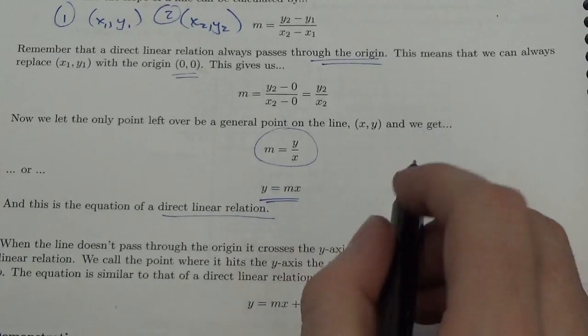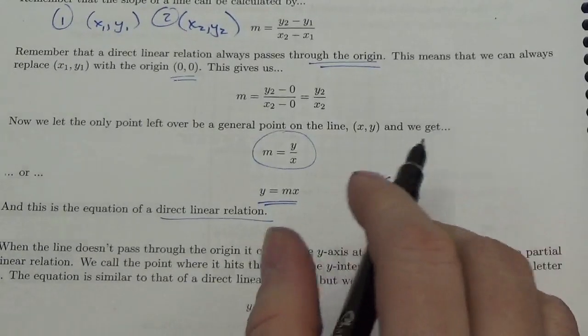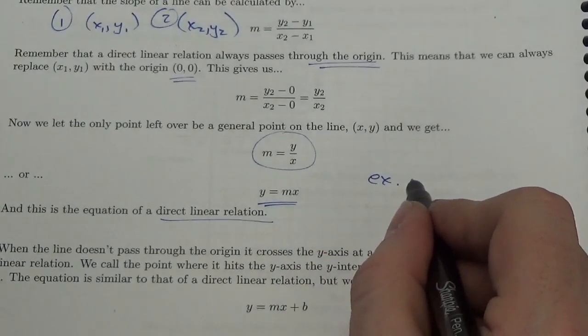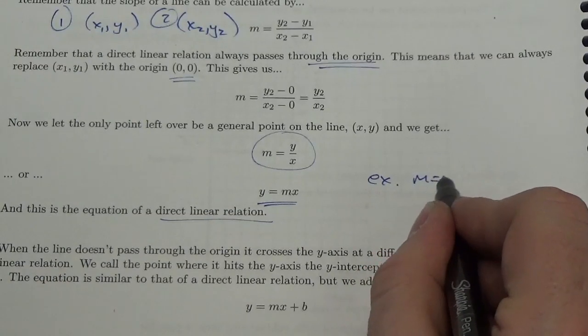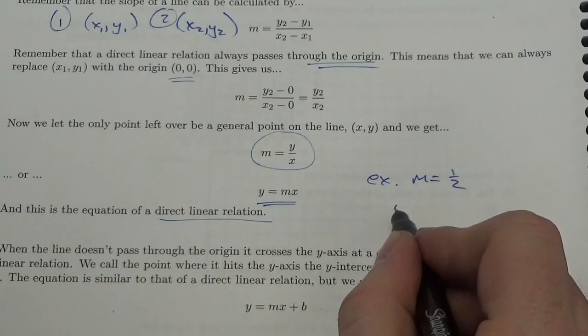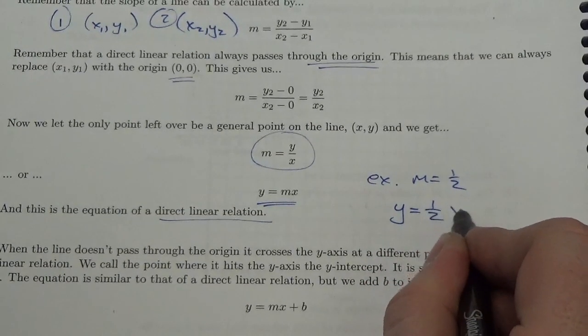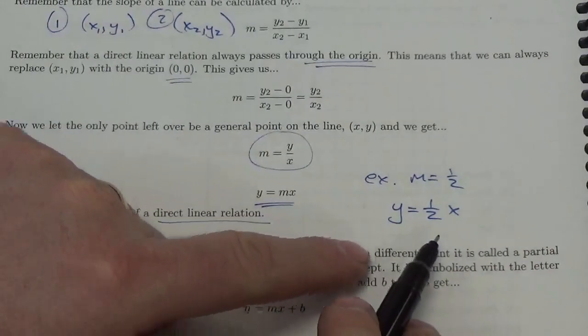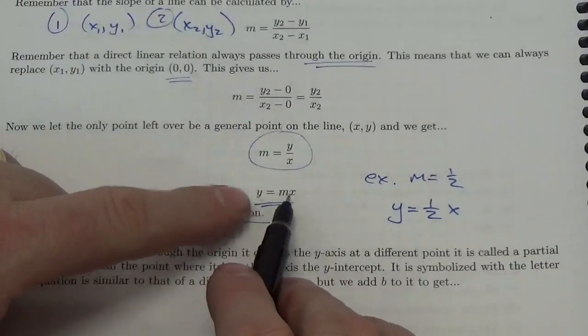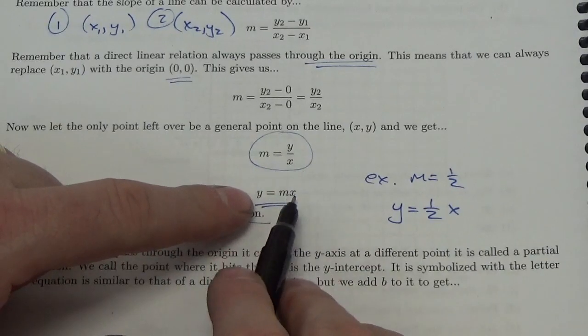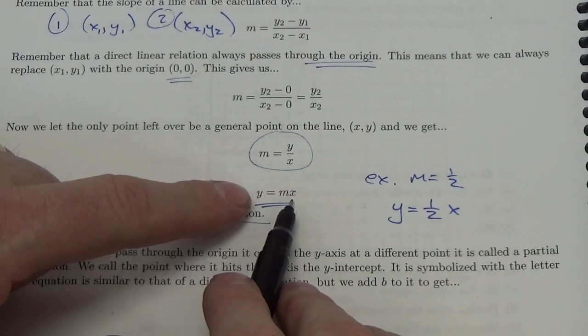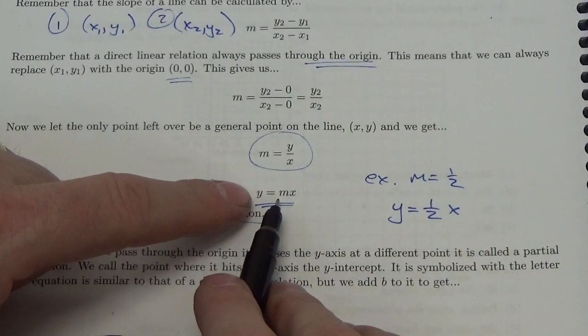By way of example, let's say that the slope is equal to 1/2. Then the equation would be y equals 1/2 x. Sometimes there's a little bit of confusion about the way this works. x and y are considered my variables. x is my independent variable, y is my dependent variable. But in this case, m is actually what we call a constant.